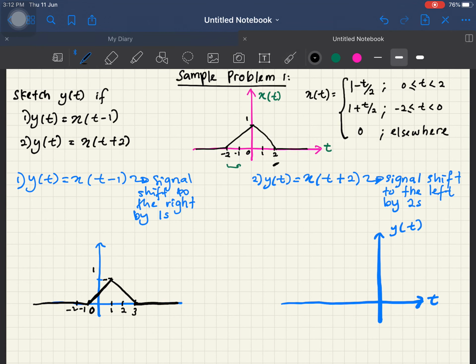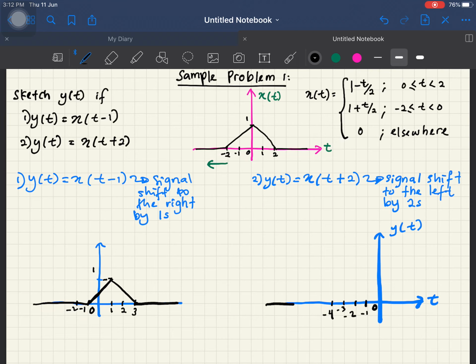Now you have here 0, -1, -2, -3, -4. You shift everything here to the left by 2 seconds.